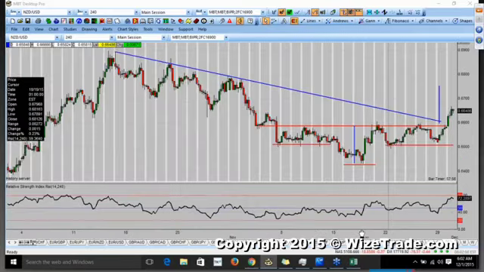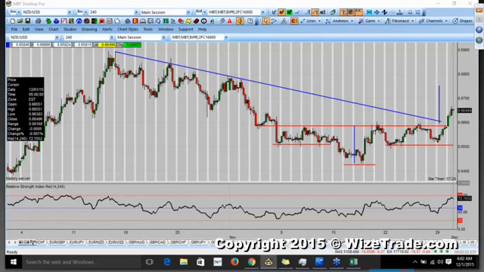But like I warned you a little bit earlier, I think the pair is so obvious. It's such an obvious setup that I don't know, it seems too obvious.